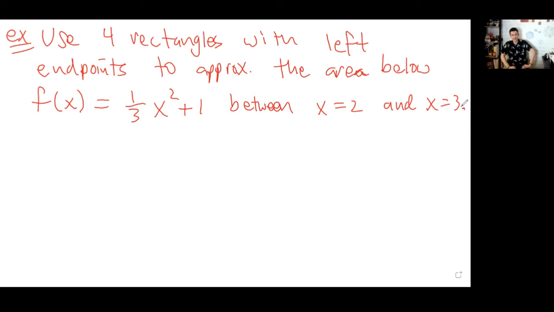Jot that down, guys. We want to use 4 rectangles with left endpoints to find the area underneath this curve between 2 and 3.